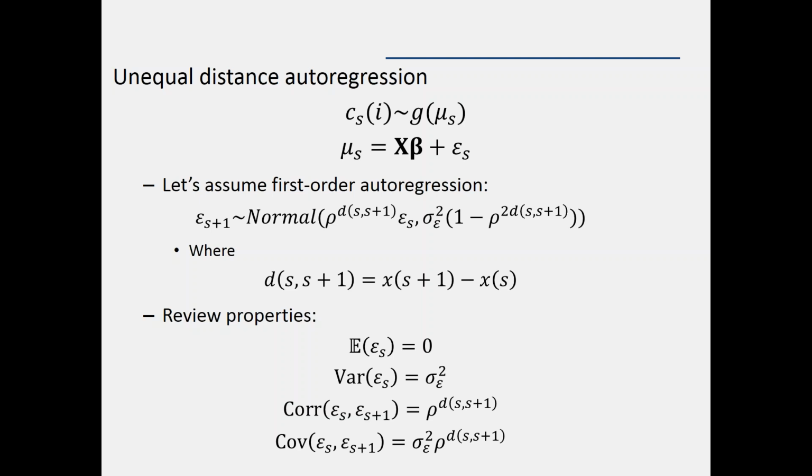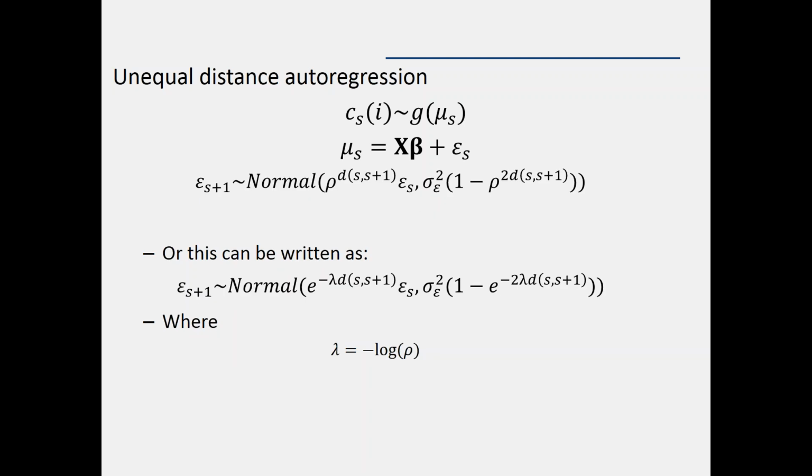The variance as distance goes to infinity is sigma squared. The correlation between two points is rho to the d, and the covariance is rho to the d times the pointwise variance, the same way it always is. So we could use that covariance to generate the whole covariance function for the spatial process.